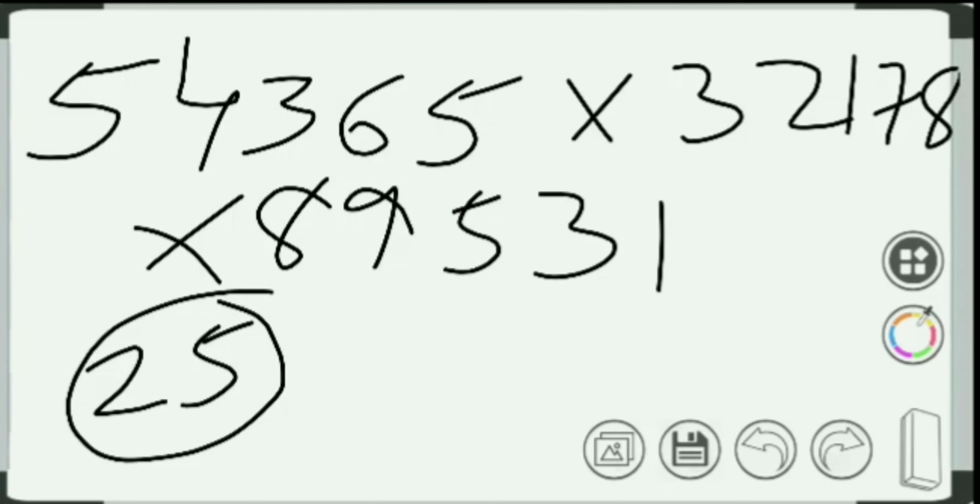Now we have no rule for 25. We split 25 is equal to 5 square.